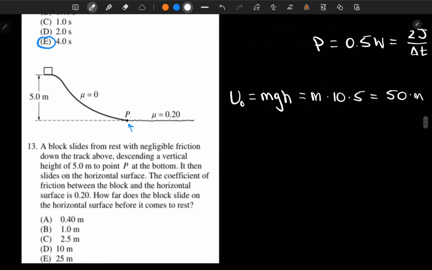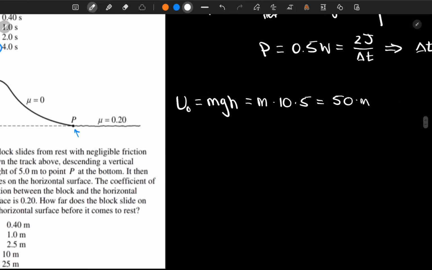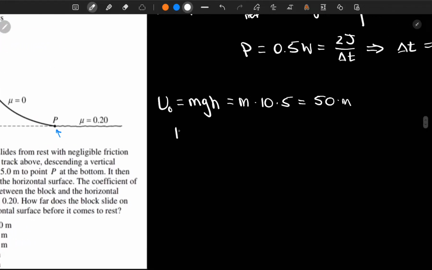Then at the bottom of the track, at point P, all of this gravitational potential energy is converted into kinetic energy. So the kinetic energy at P is equal to 50 times m, where m is again the mass of the block.